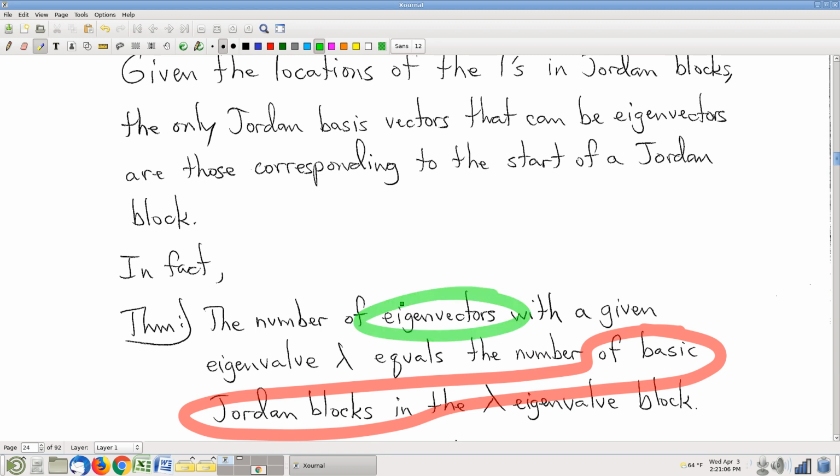You give me a basic Jordan block, I look at it and say, where's the first column? Look what's in that first column. It's just a diagonal entry only. That basis vector must be an eigenvector, per the argument on the previous page. And furthermore, all the other corresponding basis vectors cannot be eigenvectors. So, grand total, how many eigenvectors are there, given a Jordan canonical form? The number of eigenvectors has to equal the number of basic Jordan blocks. Everybody on board?